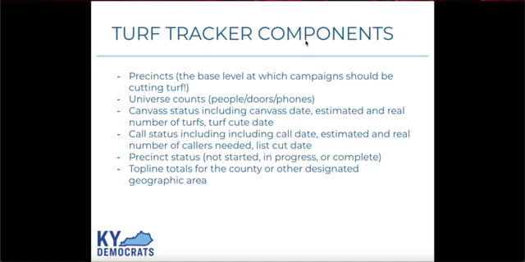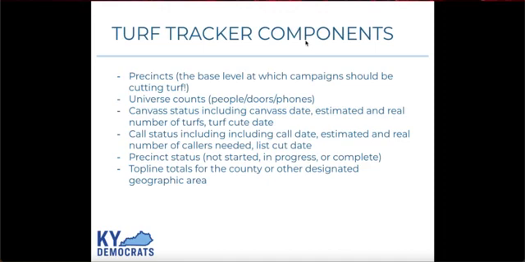Turf list cut date. When did the list get cut? Because if you're having to do data entry, whether it's from a paper list or if you're putting it in the MiniVAN, lists do expire after 30 days. So you want to make sure you get it knocked within that 30-day window. Precinct status.